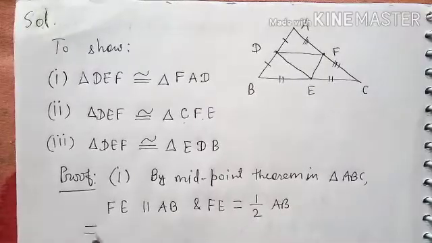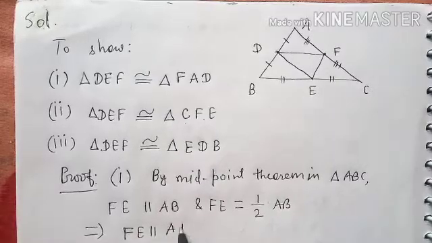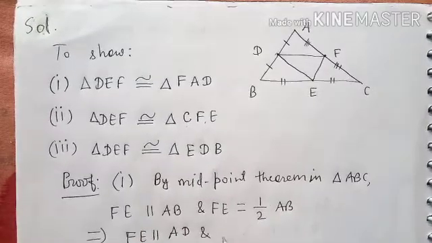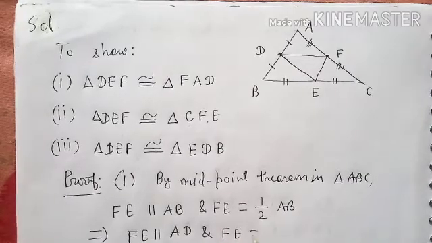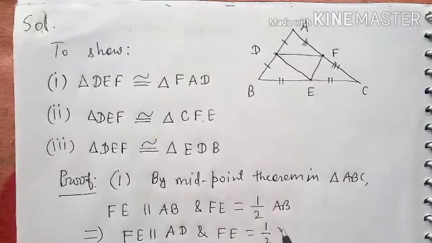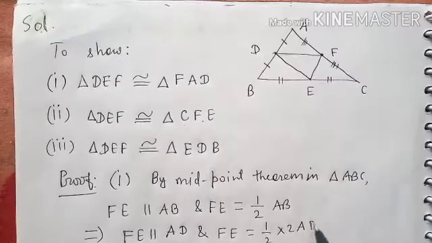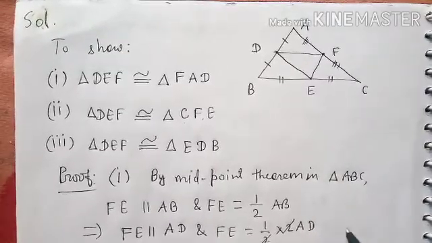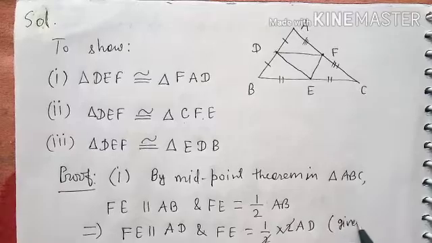This implies that FE is parallel to AD and FE is equal to half of AB, that is AD. So FE is equal to AD.